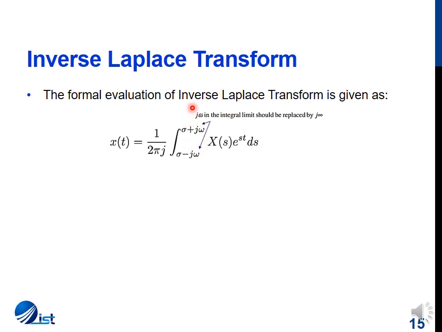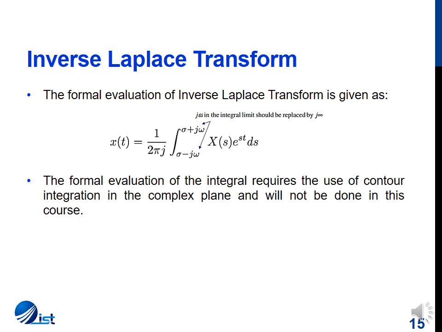So we'll be integrating along all these vertical lines or contours in the s-plane for which the ROC was possible. Now, evaluating this integral requires knowledge of contour integration, which is beyond the scope of our course. So we'll be resorting to a much simpler method.